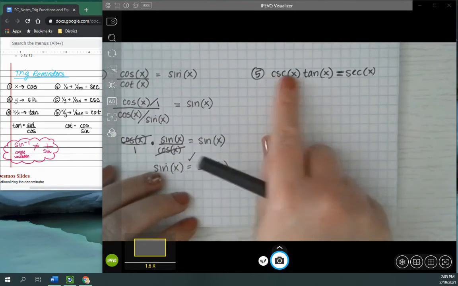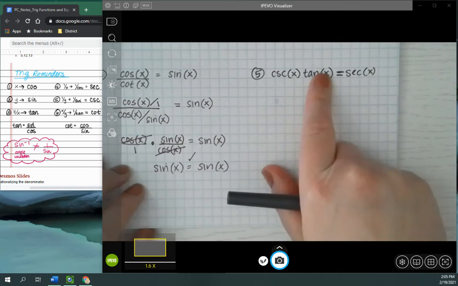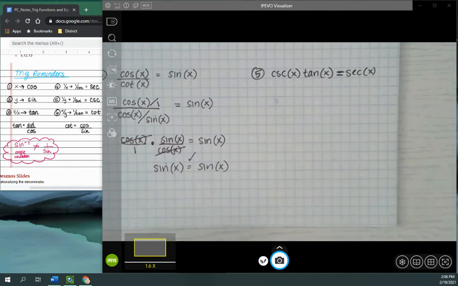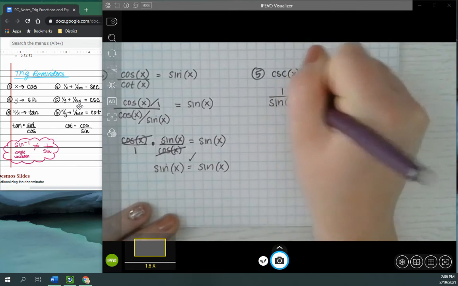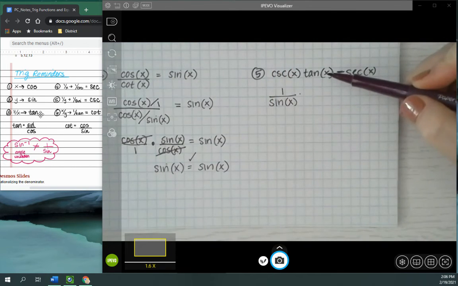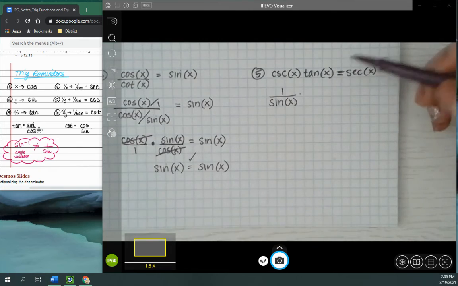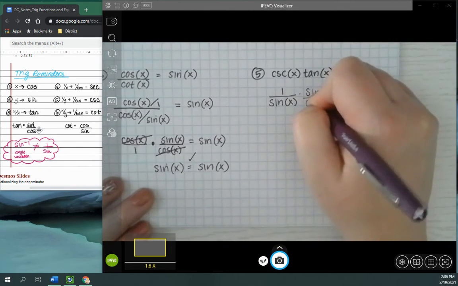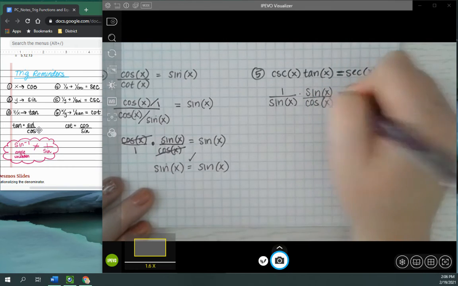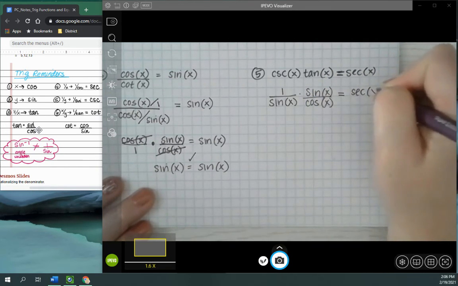We have cosecant and tangent. We're going to transform these into cosines and sines. Looking at cosecant on the notes page, I end up with 1 over sine. If I look up tangent on the notes page, that's sine over cosine. Our goal is secant.